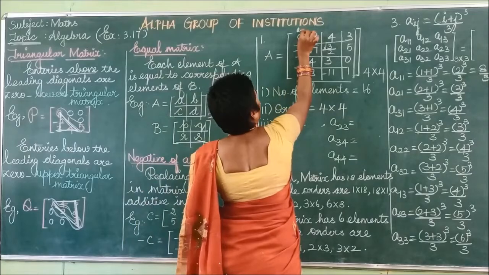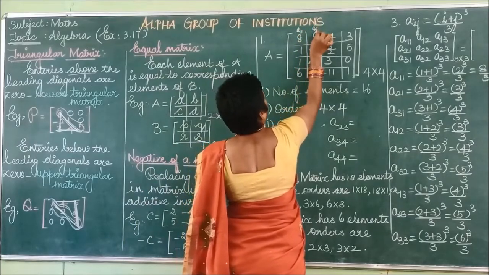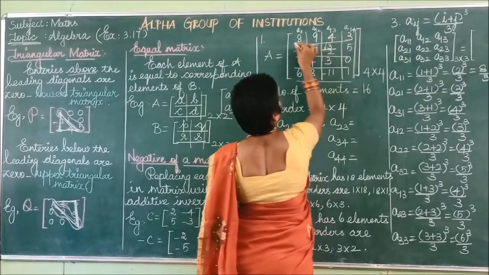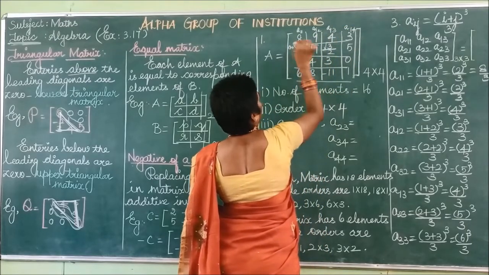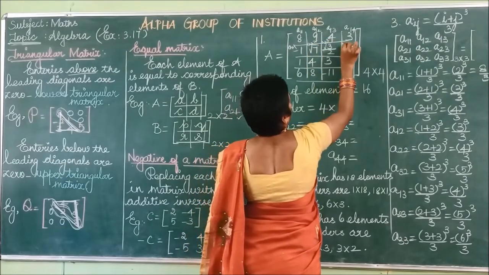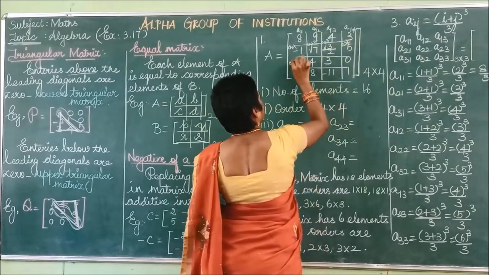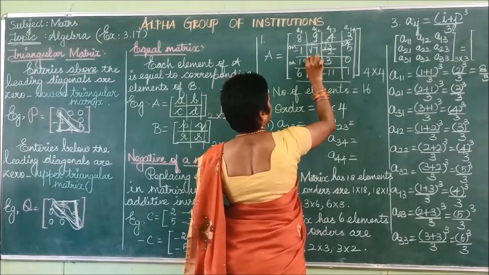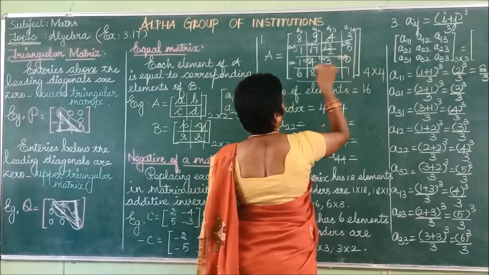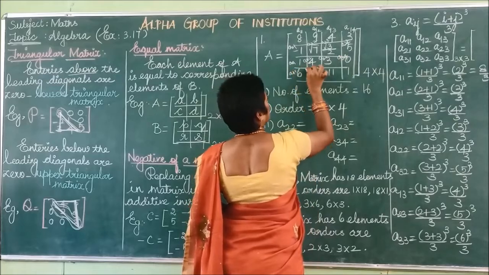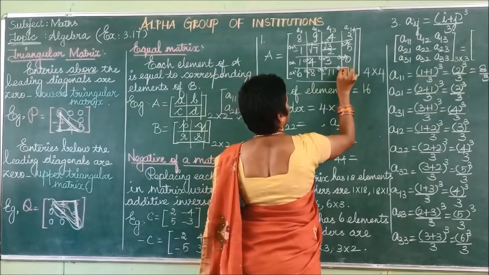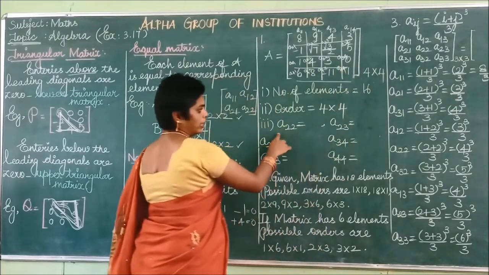So above you can write A11, A12, A13, A14, A21, A22, A23, A24, A31, A32, A33, A34, A41, A42, A43, A44.